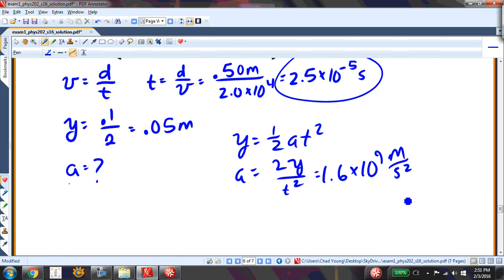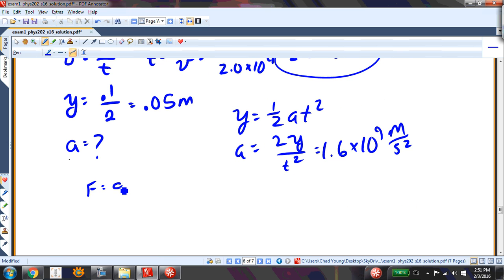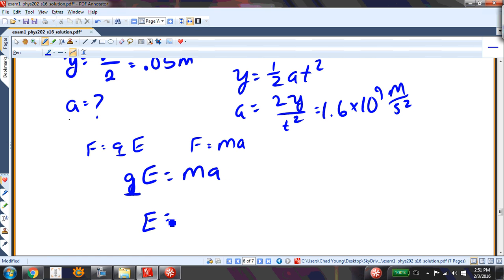That's my acceleration. I know that F is equal to QE. I also know that F is equal to MA, so I can say QE equals MA and solve for the electric field, which is really what I want anyway. That's going to be MA over Q. Mass of an electron is 9.11 times 10 to the minus 31.